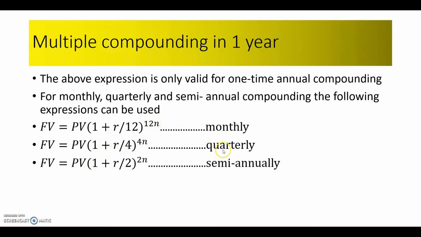If it's quarterly, then you divide by 4, then you multiply n by 4. If it's semi-annually, you divide by 2, then you multiply the index by 2. So that is how it is done. Now let's look at an example to illustrate what we are talking about.